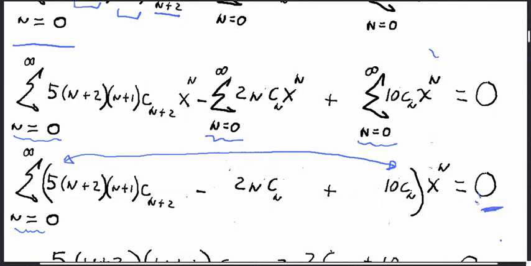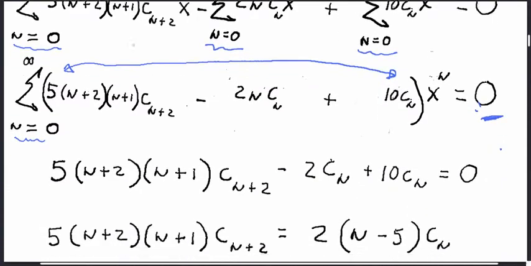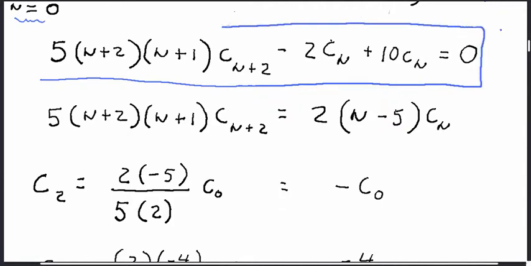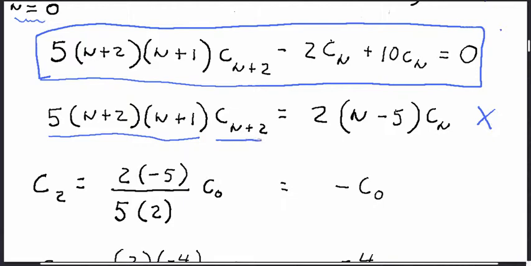So that means that we get the following recursive relationship, this is the relationship, and this is what we will use to try to come up with a general formula for our coefficients c sub n. So what I do in the next term here is I write down that this number times c sub n plus 2 is equal to this number times c sub n.